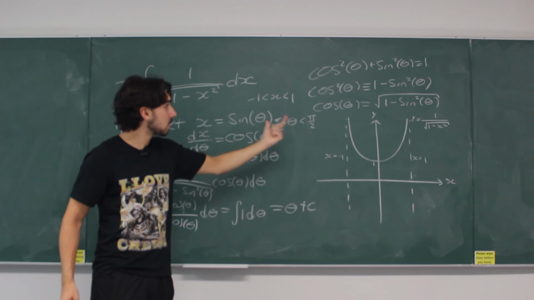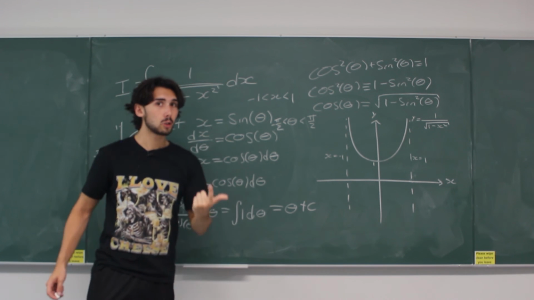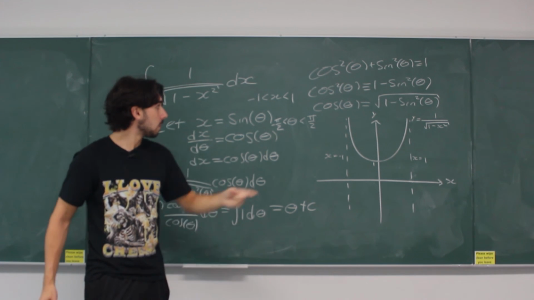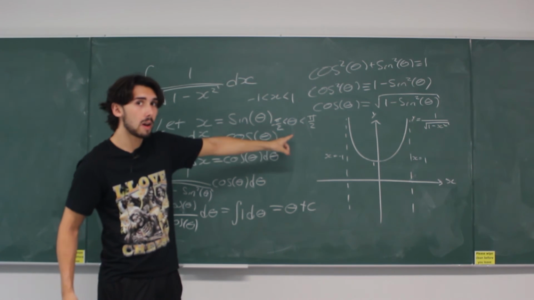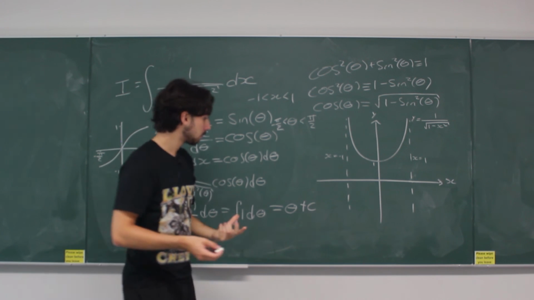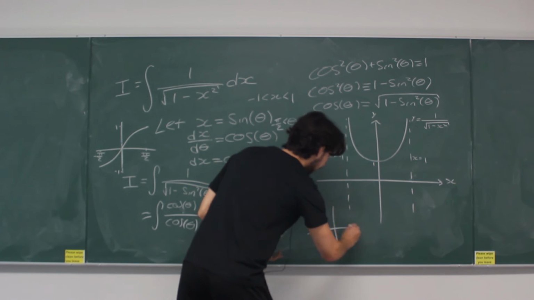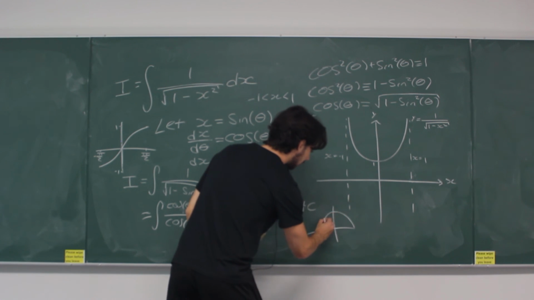And because of that, because theta only has to be between these two values, then when you take cos theta, well, cos of any value between minus pi over 2 and positive pi over 2 is a positive number, because the graph of cos between minus pi over 2 and pi over 2 just looks like that.